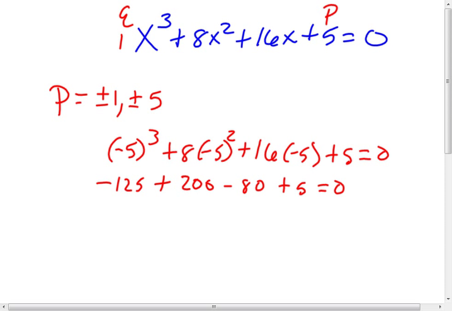So when you add those together, 200 plus 5 is 205. -125 and -80 is -205. -205 plus 205, and then we know that's equal to 0. So the whole thing is equal to 0.